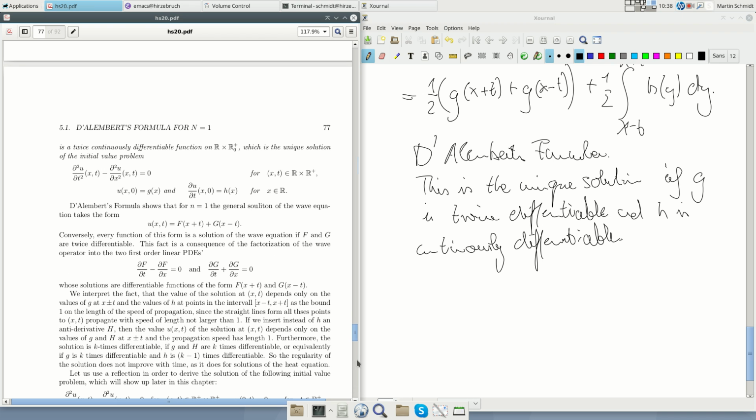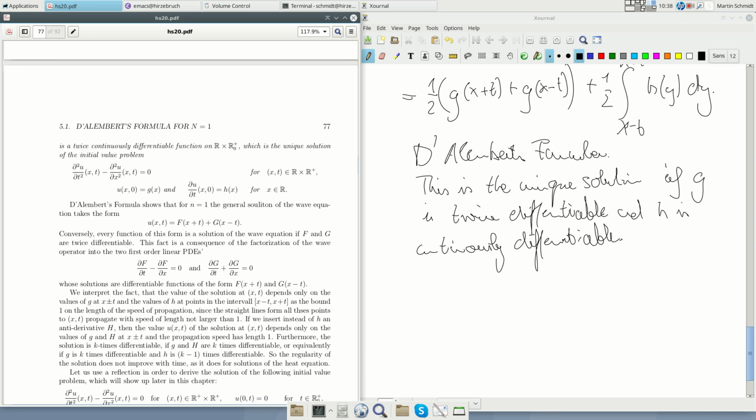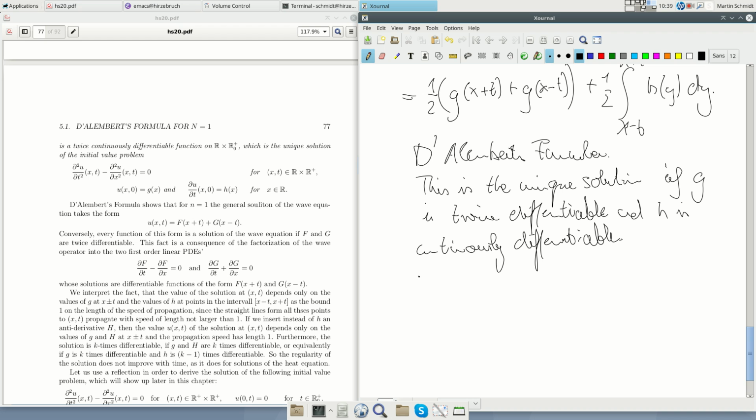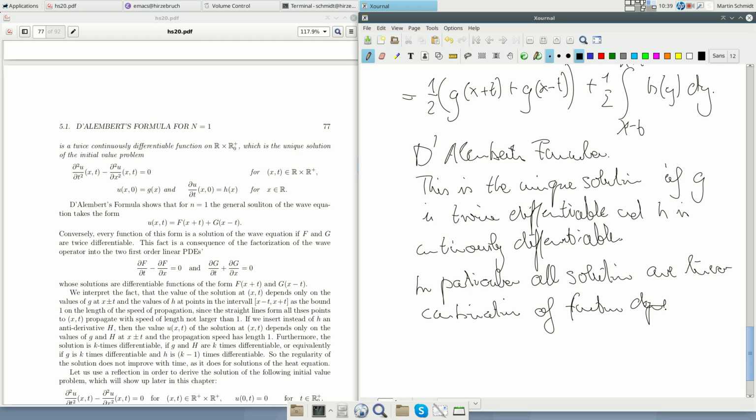Okay, so one directly sees, in particular, all solutions are linear combinations of functions depending on x plus t and functions depending on x minus t.